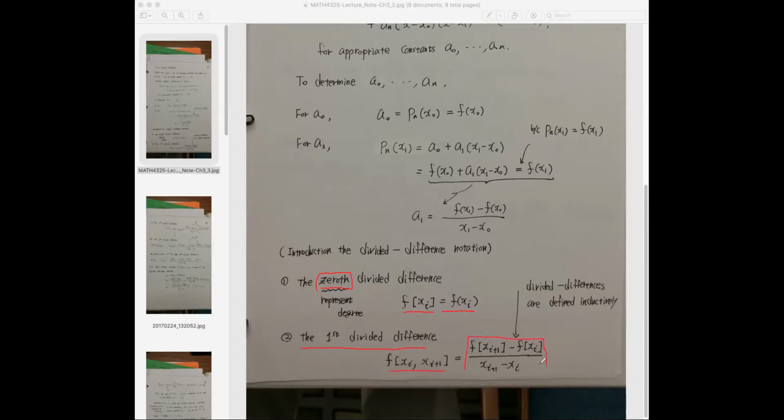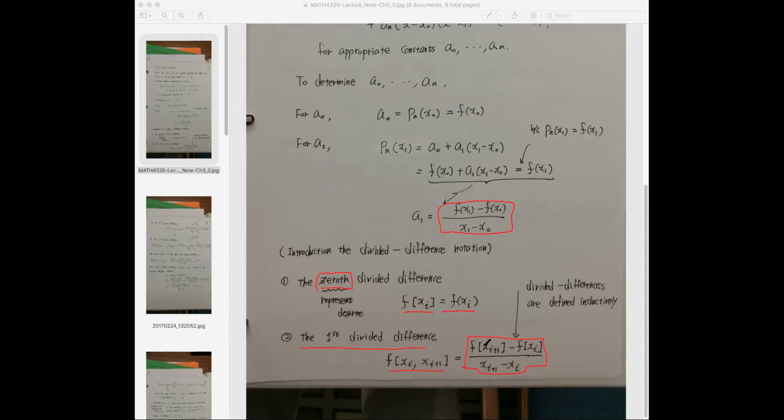But out of the blue, where does that come from? We could express f of x1 minus f of x0 over x1 minus x sub 0 in terms of the divided differences. When i equals 0, substituting 0 for i, we get f of bracket x sub 0 comma x sub 1 equal to f of x sub 1 minus f of x sub 0 over x1 minus x0.